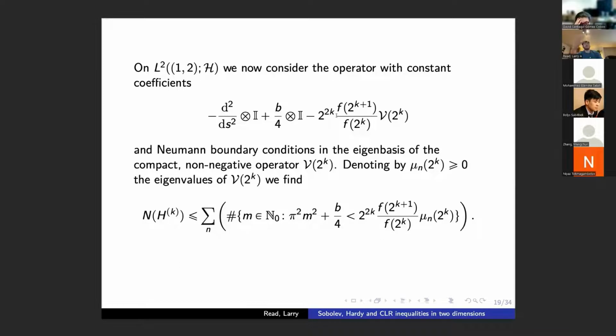And if we denote its eigenvalues by mu_n, we know they're positive because it's a positive operator. Then we can, using kind of standard results, and again, you can convince yourself in the case where H is just real space, the scalar case instead of operator valued, the number of negative eigenvalues is estimated with the following formula.